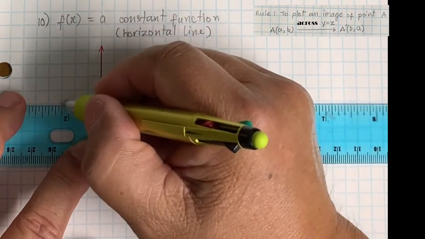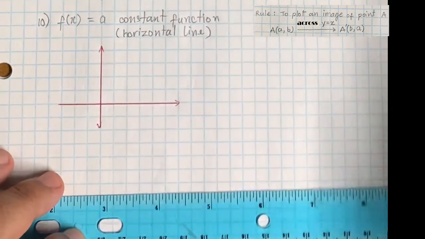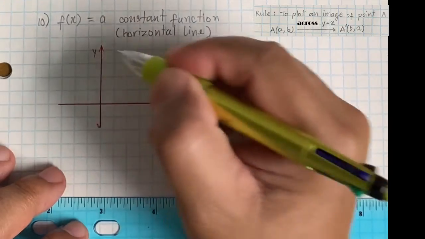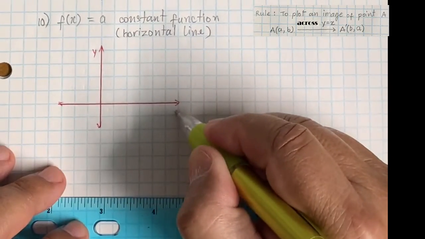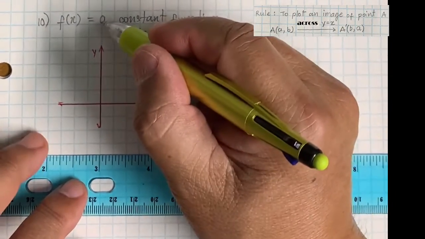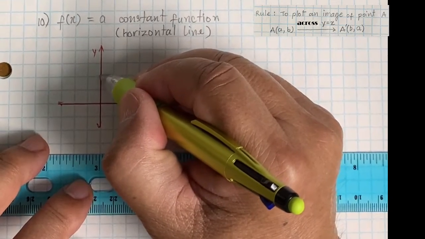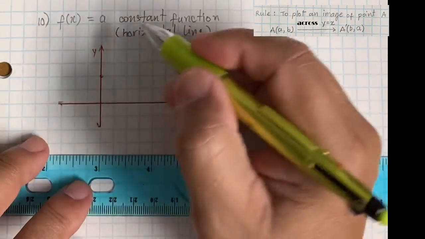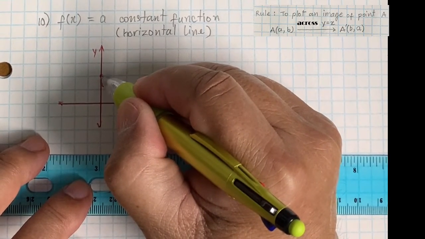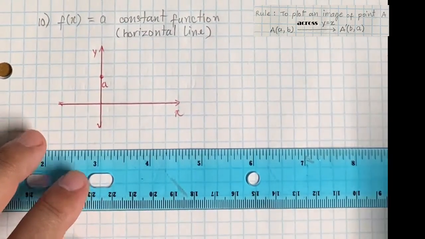So let's say the x-axis is down here, and the y-axis. Then pick any a, because a is just a number, any number. Let's say right here, that's a. The distance from the origin to that point right there is a.